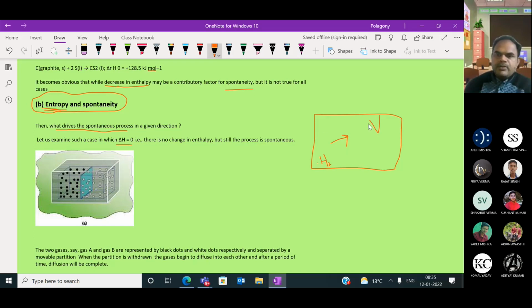That means the hydrogen gas can diffuse and occupy the volume of this container, and during this spreading of the gas, enthalpy change equals 0.